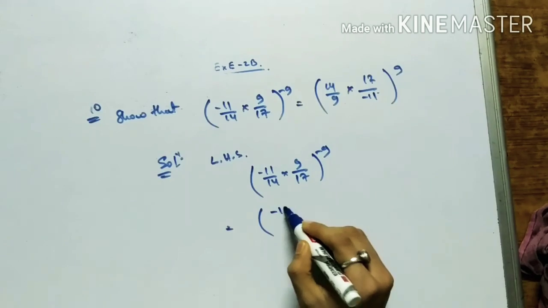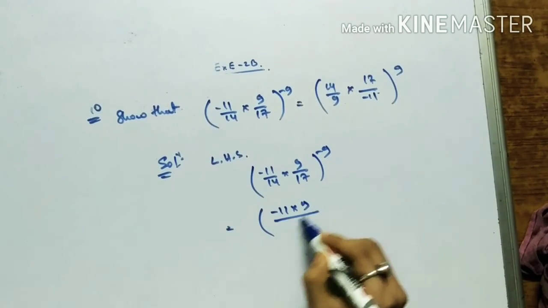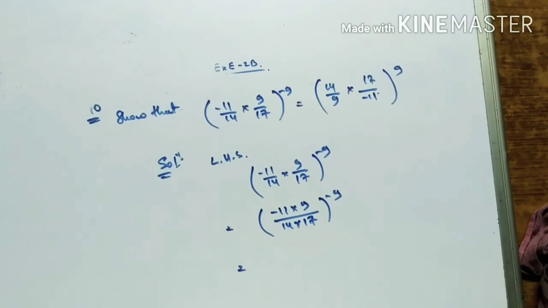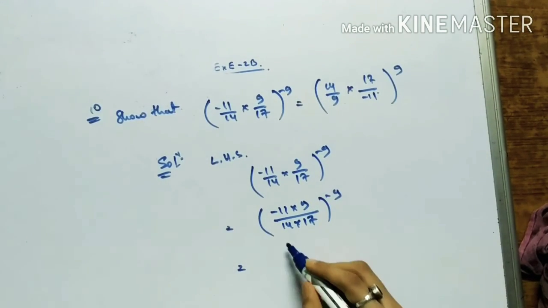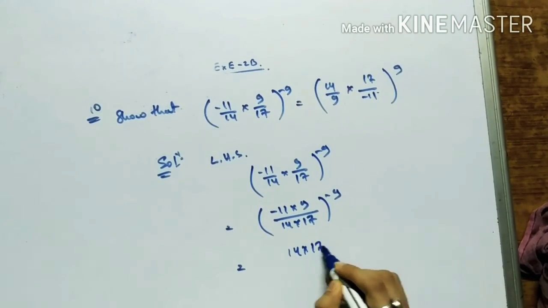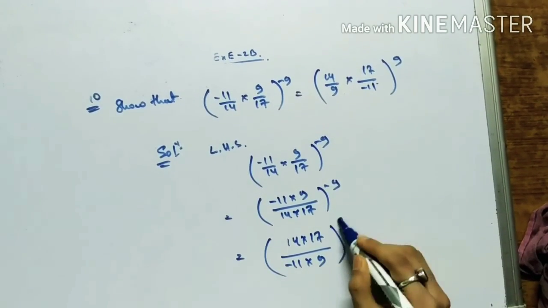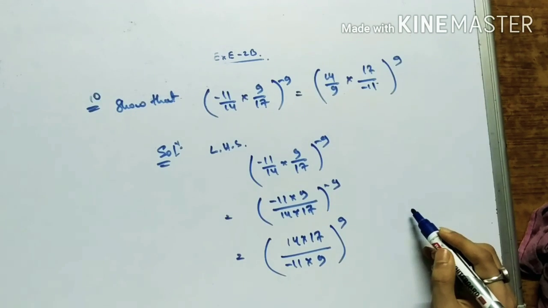So this is minus 11 into 9 by 14 into 17 to the whole power minus 9. If I take the reciprocal, I will get 14 into 17 by minus 11 into 9 to the whole power 9.